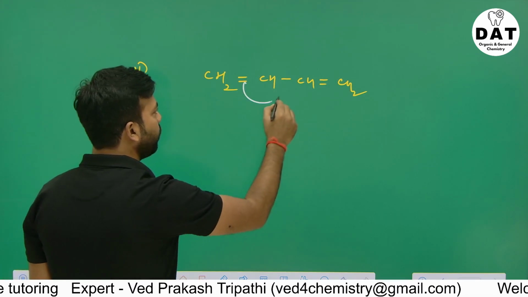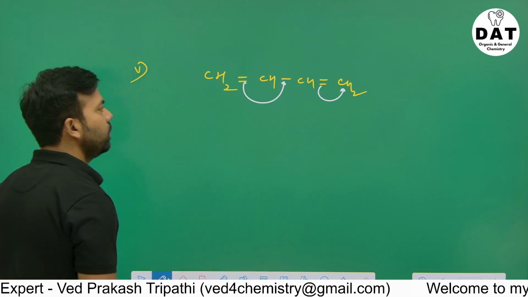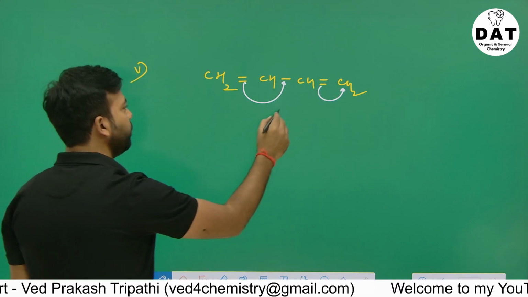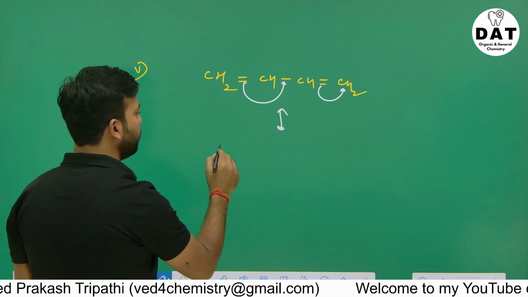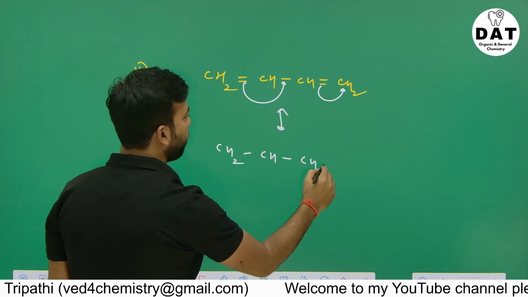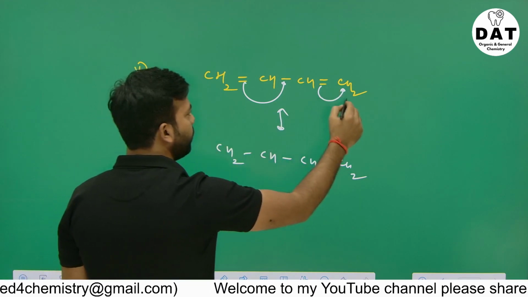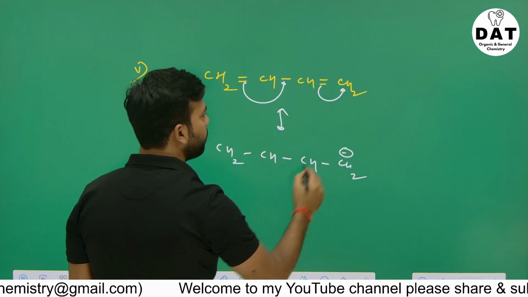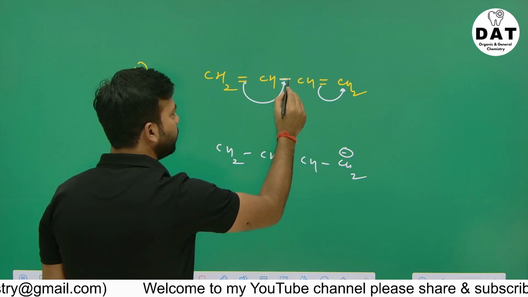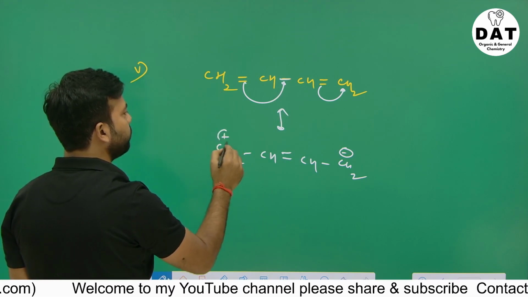Suppose this double bond goes to this carbon and then it breaks like this. So look at the arrow and tell me, connectivity and number of atoms is not going to change. Look at here. This carbon has head, so negative. This bond has arrow, so double. This carbon has tail, so positive. Clear?